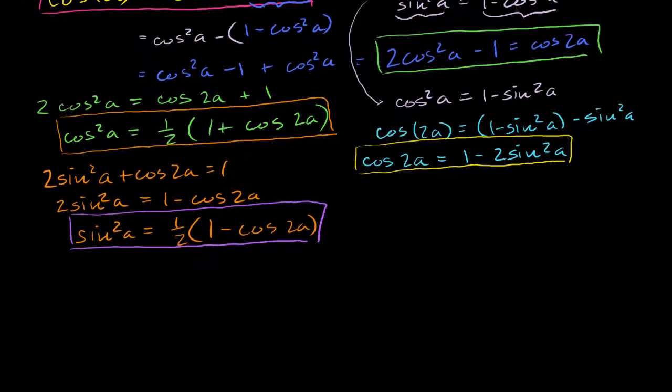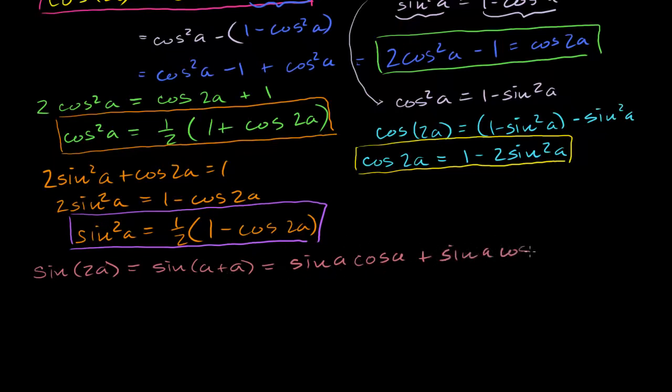So let me pick a new color here that I haven't used. Well, I've pretty much used all my colors. So if I want to figure out the sine of 2a, this is equal to the sine of a plus a, which is equal to the sine of a times the cosine of a plus, and this cosine of a, that's the second a, I guess you could view it that way, plus the sine, I'm just using the sine of a plus b, plus the sine of the second a times the cosine of the first a.